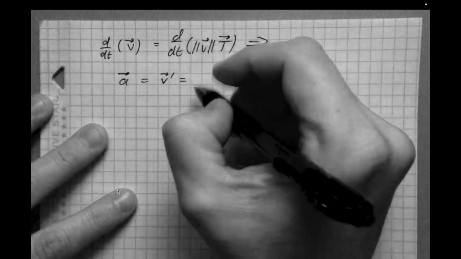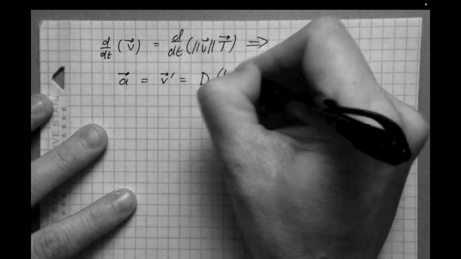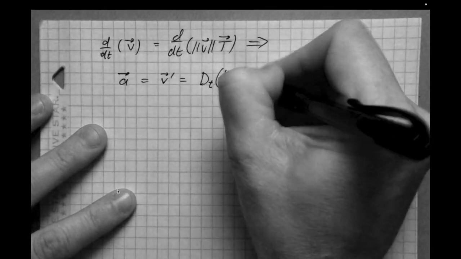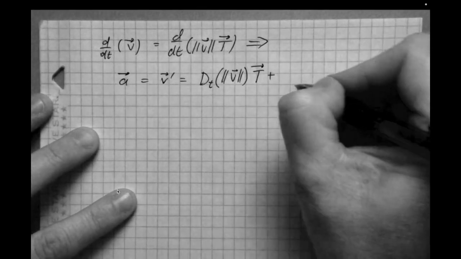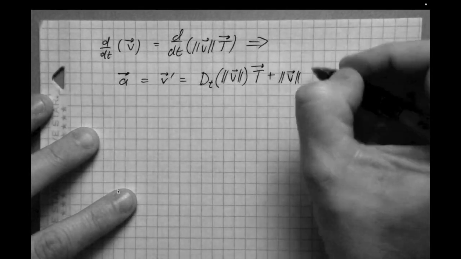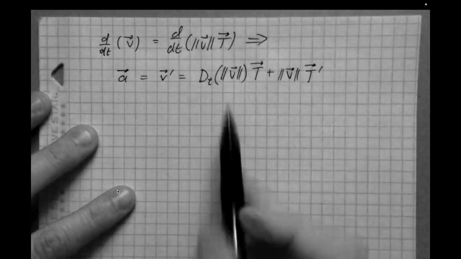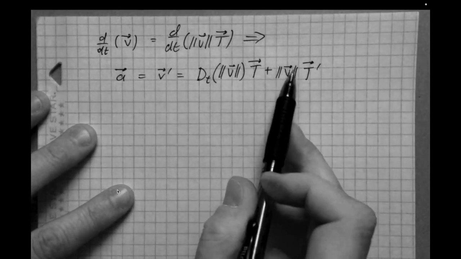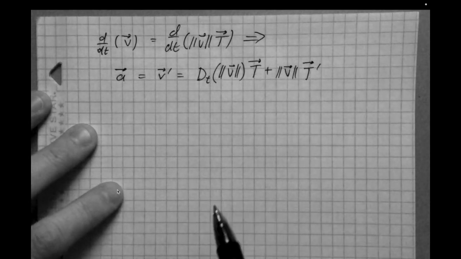And so what we're going to do is write it like this: d/dt of the norm of v times T, plus the norm of v times T prime. We can differentiate T. Okay, so I take this derivative times T plus the norm of v times the derivative of T.